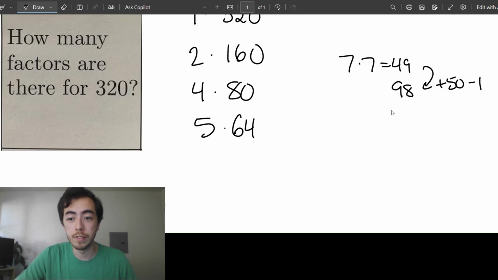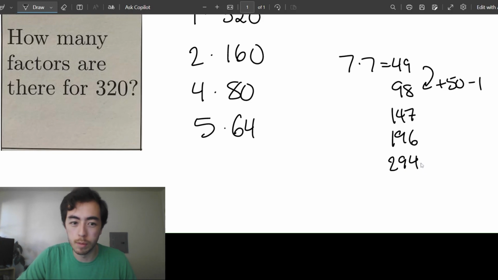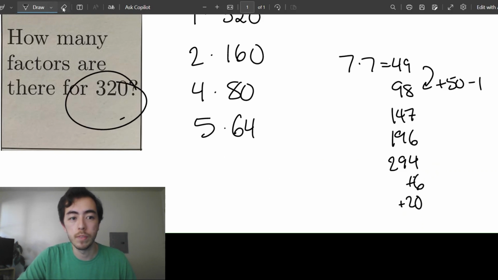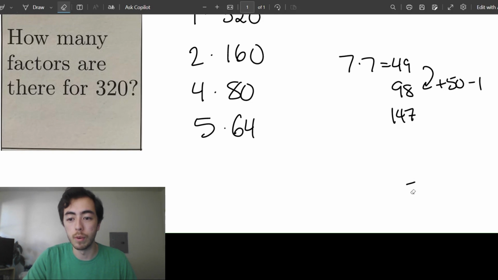So I could add another 50 and subtract 1, and another 50 and subtract 1. Why not? Let's just add a 100 and subtract 2 to make this quicker. Then, what does this number make? I would need to count up by a plus 6 and then a plus 20 to reach 320. But then I know that 26 is not divisible by 7, so 7 doesn't work.